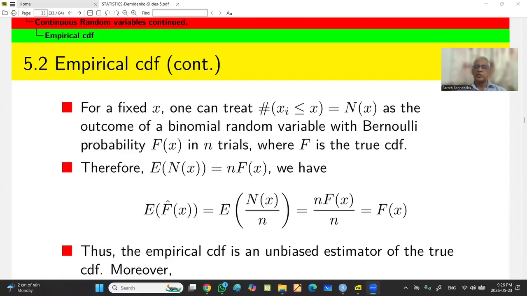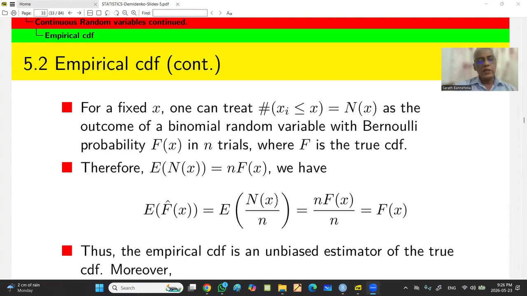We don't know the value of theta, but what is theta? Theta is the probability that any xi is less than or equal to x. Even though we don't know theta, we know that it is equal to F(x), the cumulative distribution function evaluated at x.